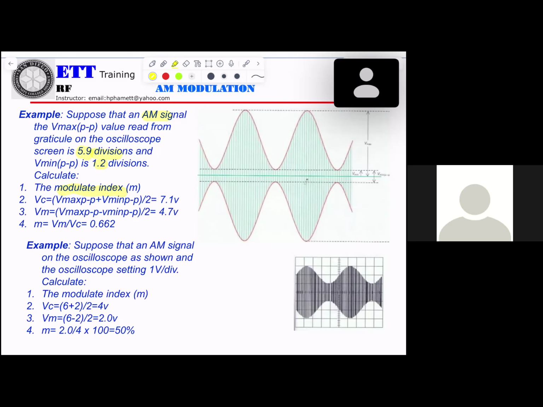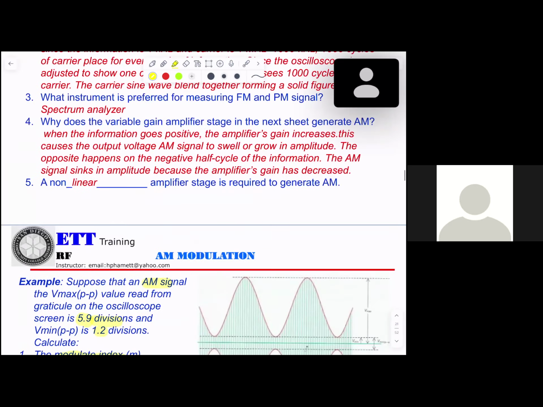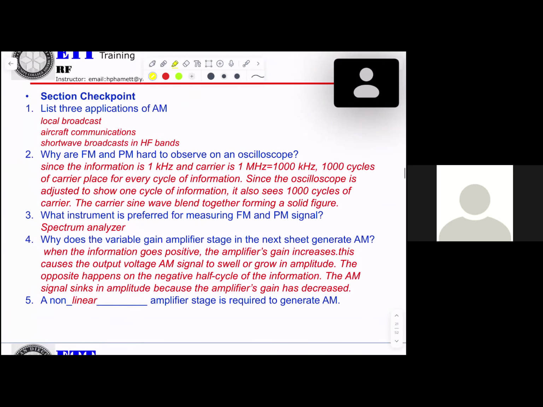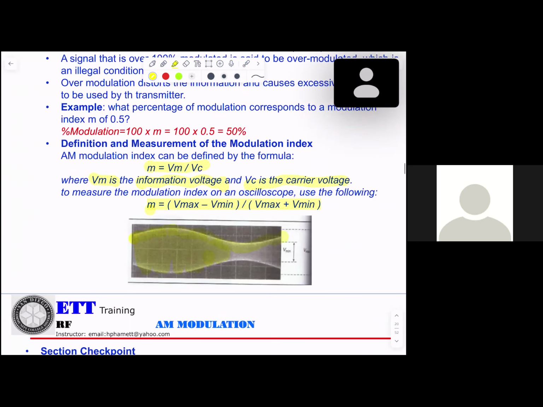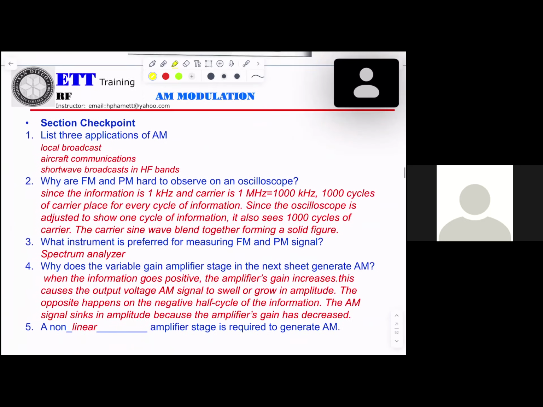You have to go back to the formula, the modulation index, Vm over Vcarrier.